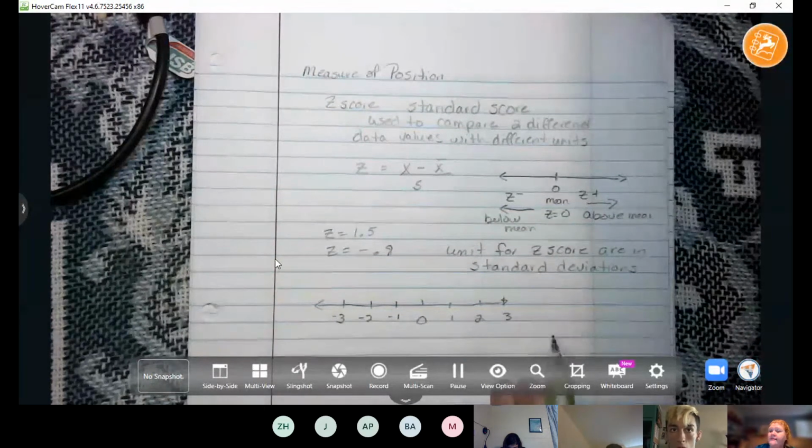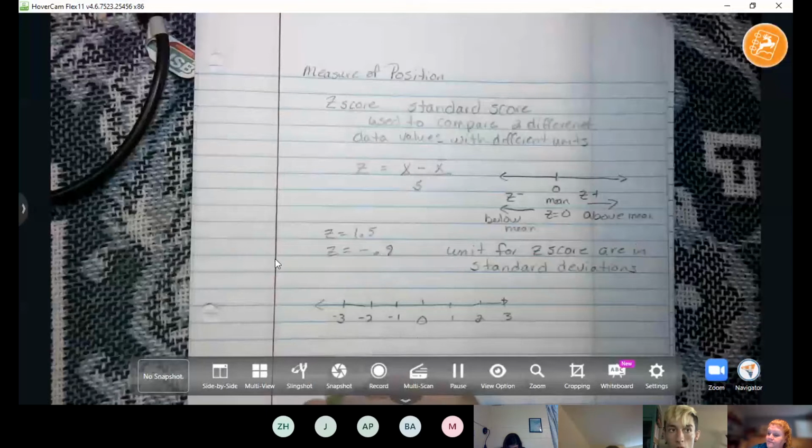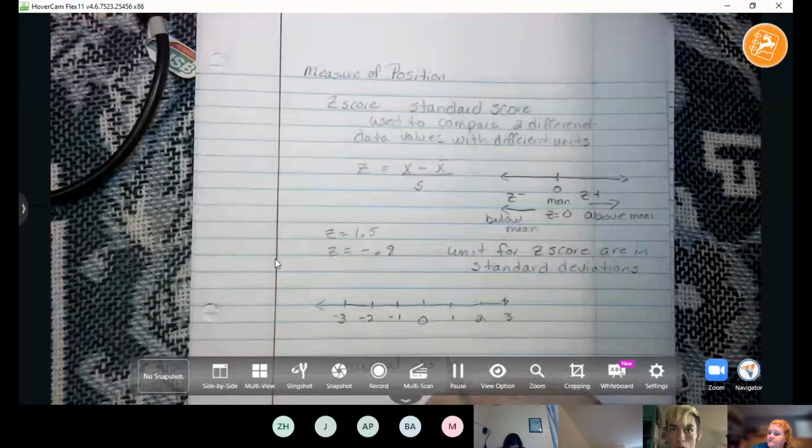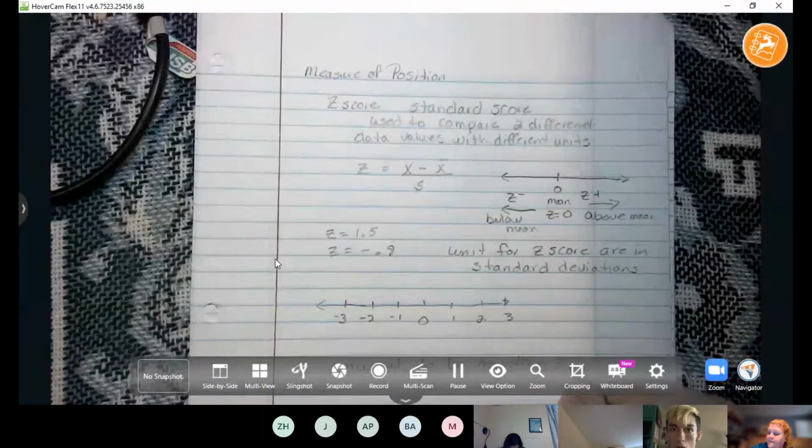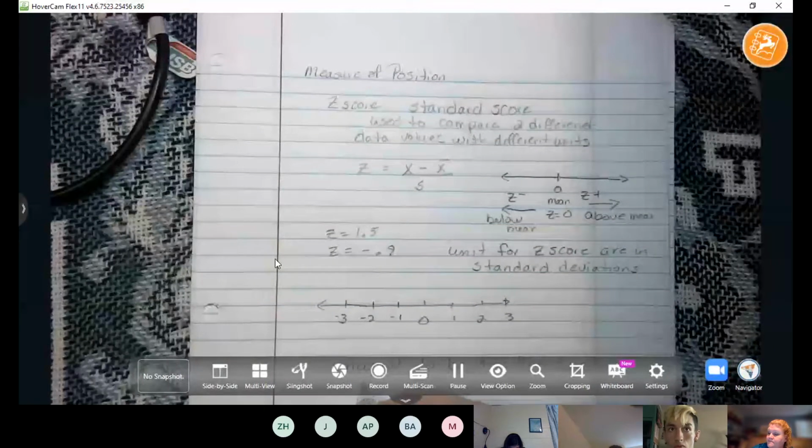So it is possible, but it is unusual to be more than 3 units above or below in Z-score.